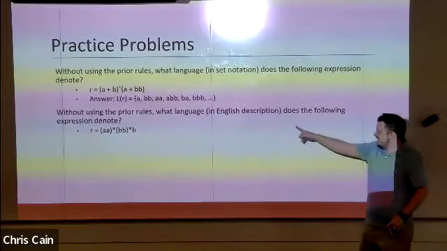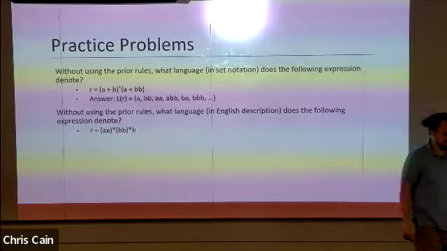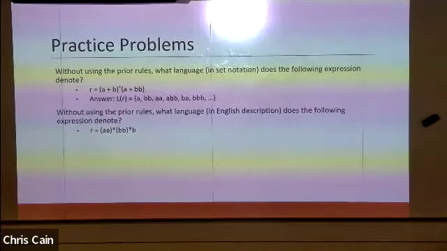Note that now I'm asking for an English description of this language, not a set notation description.